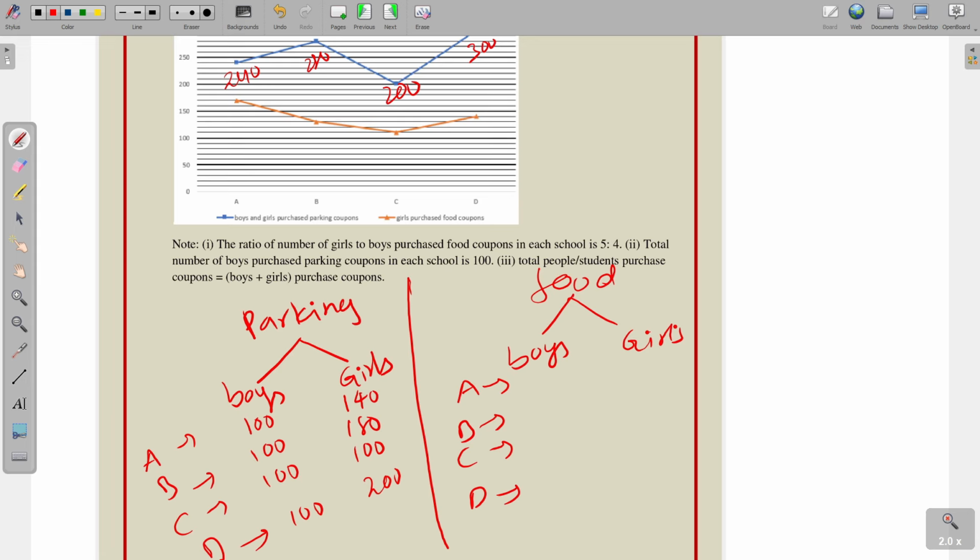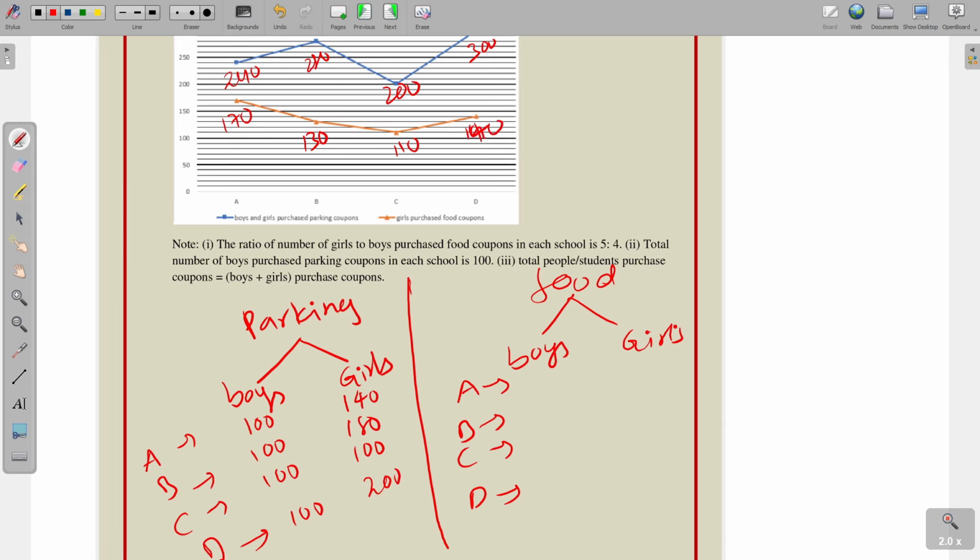In the same way, food for girls, they given in the graph: it is 170, after that 130, now this one is 110, and the last one is 140.